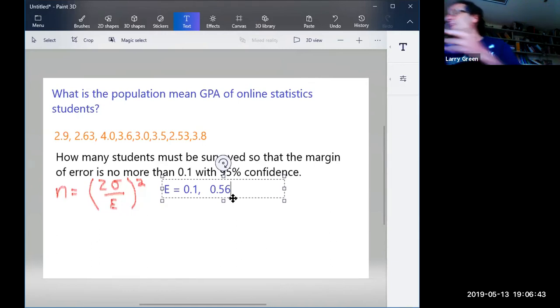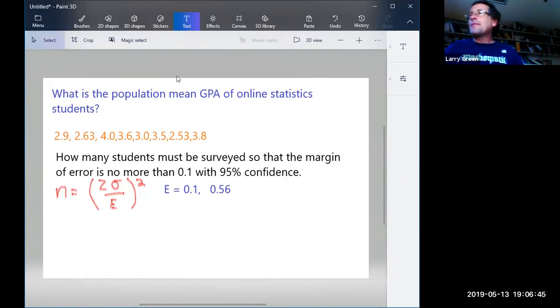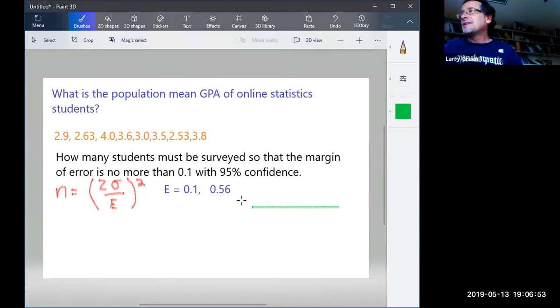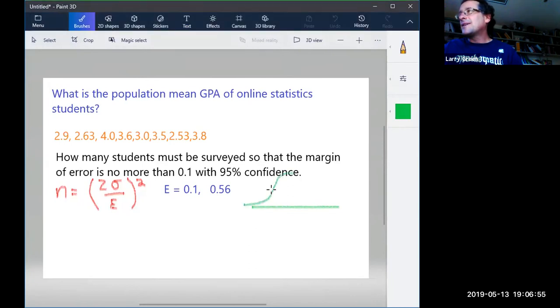Okay, Z takes some work. So I'm going to draw a picture. And as soon as I say that, you should know what I'm about to do. There's our picture. And we want a 95% confidence interval.